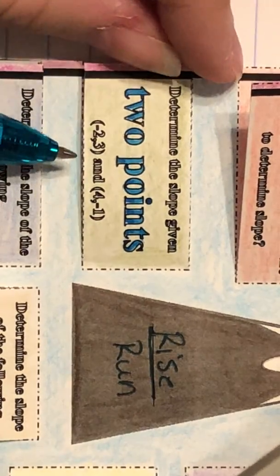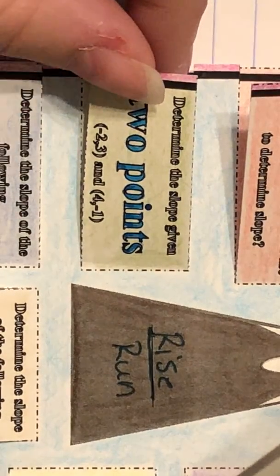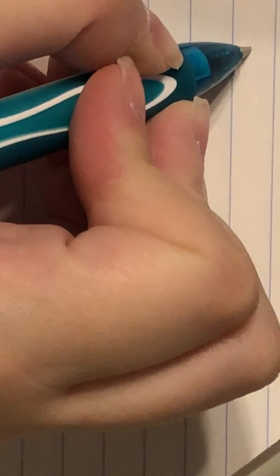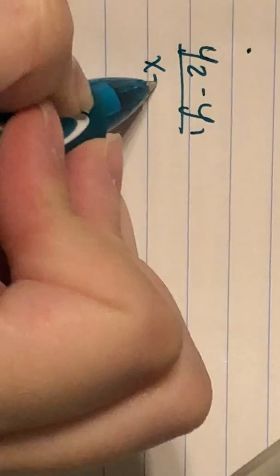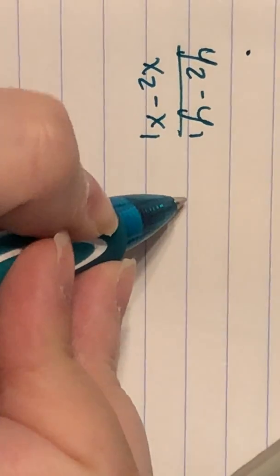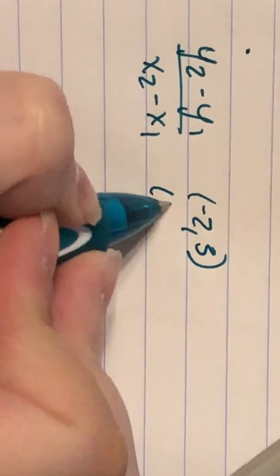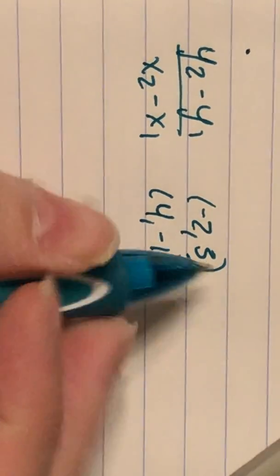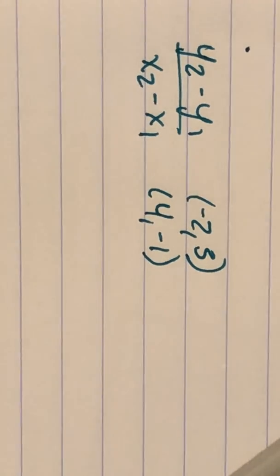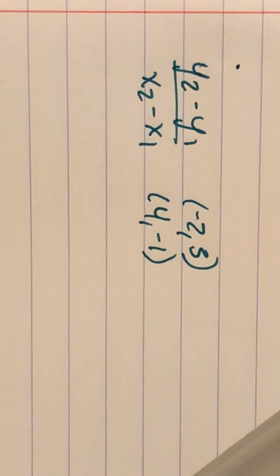For this one, I'm going to go ahead and do this over here. I'm going to take my slope formula, and I was given the points (-2, 3) and (4, -1). The first thing I want to do is look at what I'm trying to figure out.